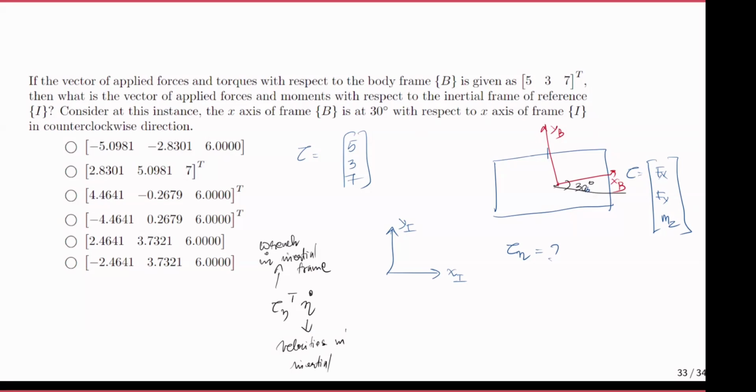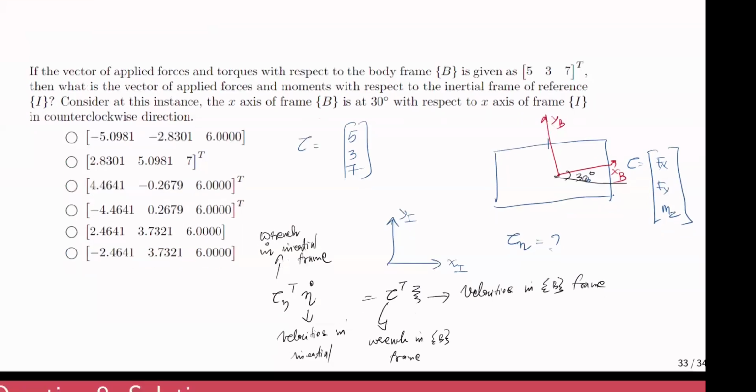This is nothing but tau transpose multiplied by theta. This is the wrench in B frame, and this is the velocities in B frame, right?